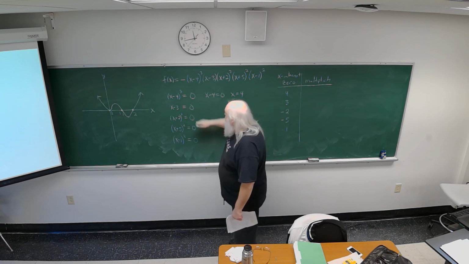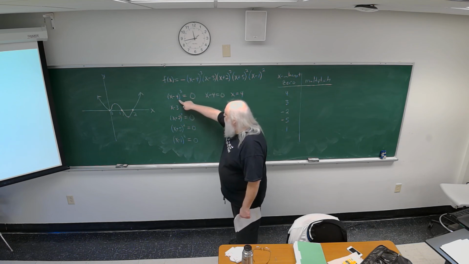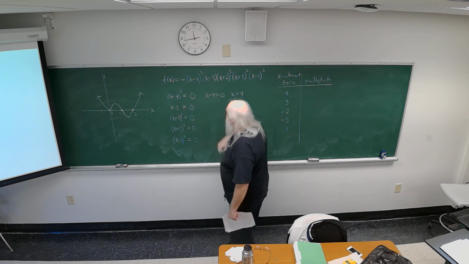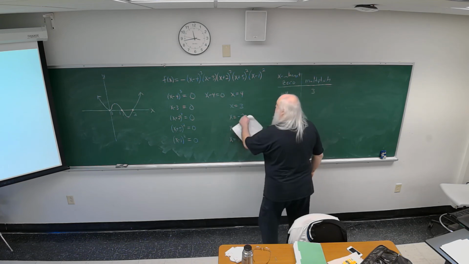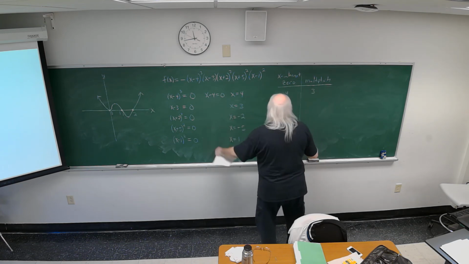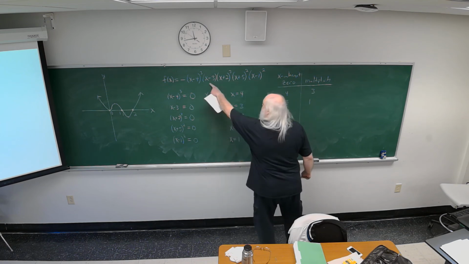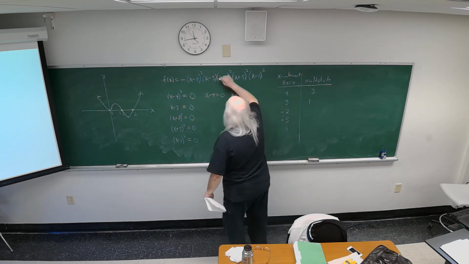So on this factor, x minus 4 cubed, the exponent is 3. That's the multiplicity. The 0 x equals 3 has a multiplicity of 1, because it's just x minus 3 to the first power.